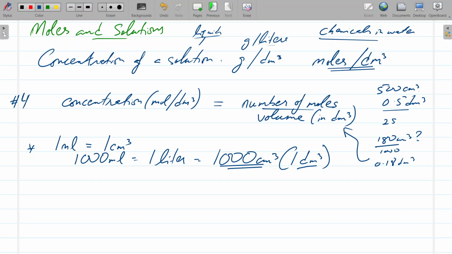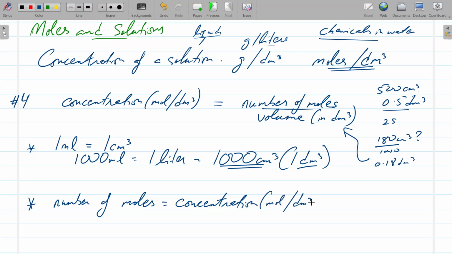Now obviously, you can move the equation around to get what you want, and so you can find the number of moles by multiplying the concentration in mole per decimeter cube by the volume in decimeter cube.